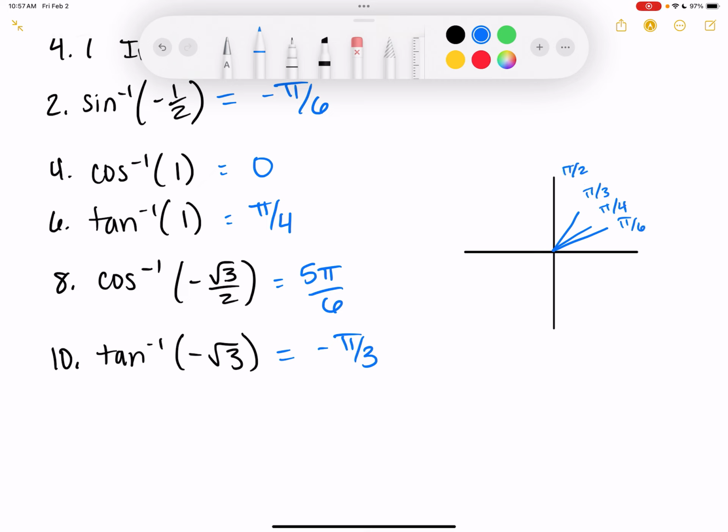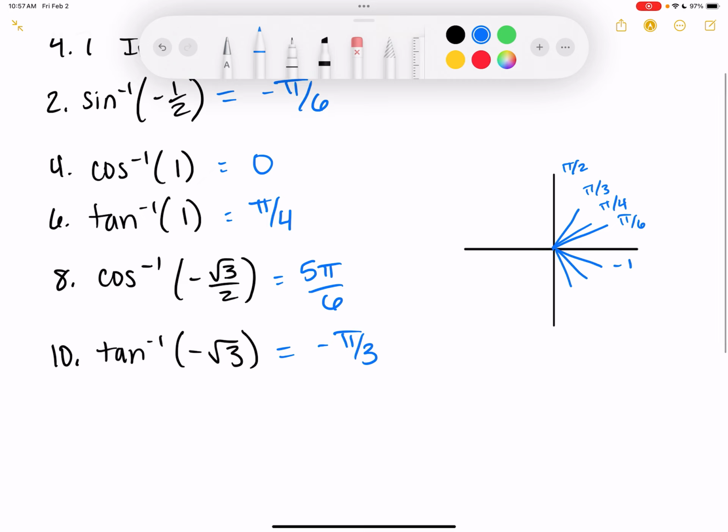And then down here, we need to think of this as minus pi over 6, minus pi over 4, minus pi over 3, minus pi over 2. Those should be the only values that we give when we do inverse. Inverse tangent can't produce 5 pi over 3, but it can produce negative pi over 3. And we would just know that that's equivalent to 5 pi over 3 if we were solving something.